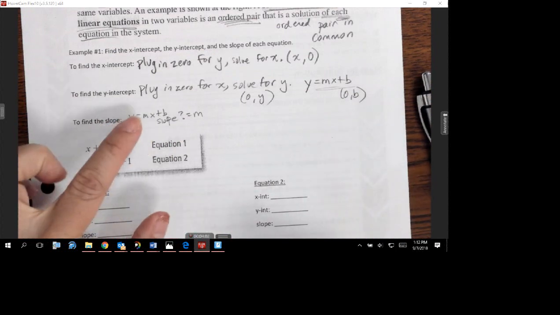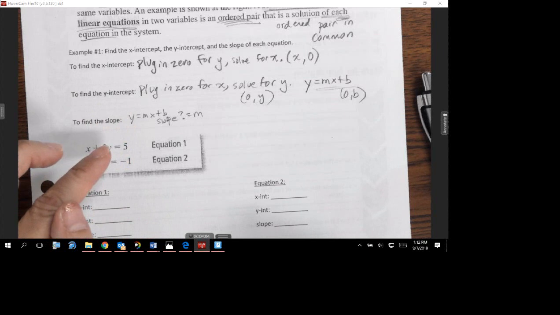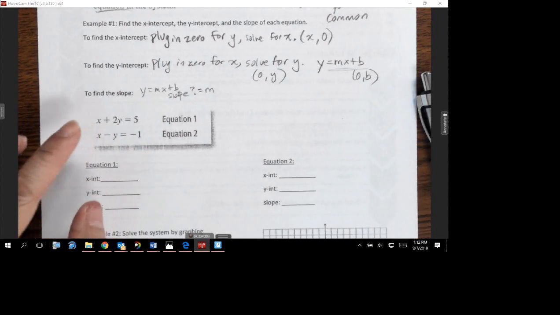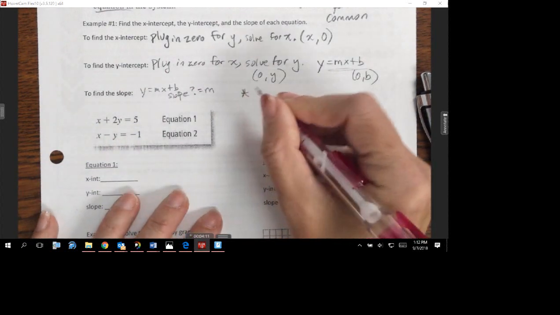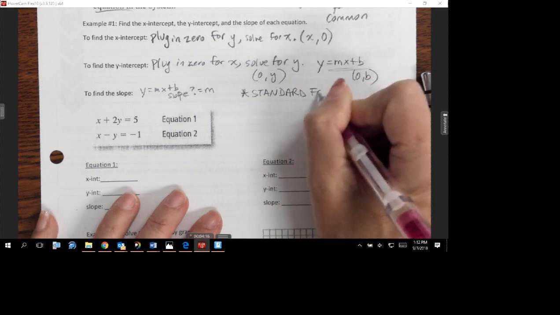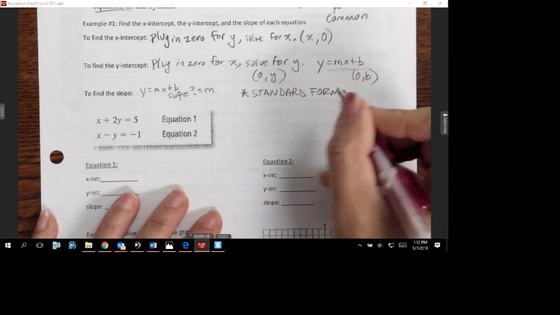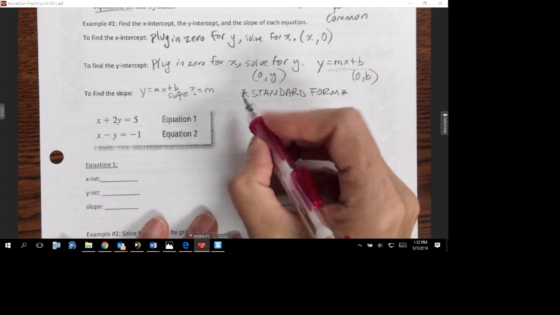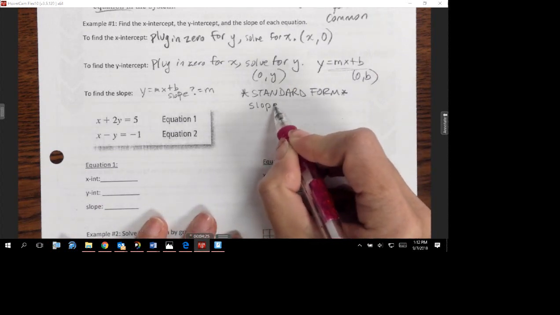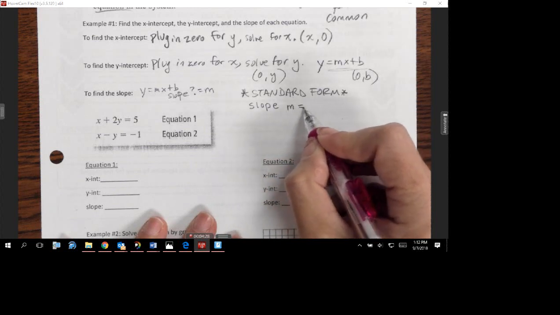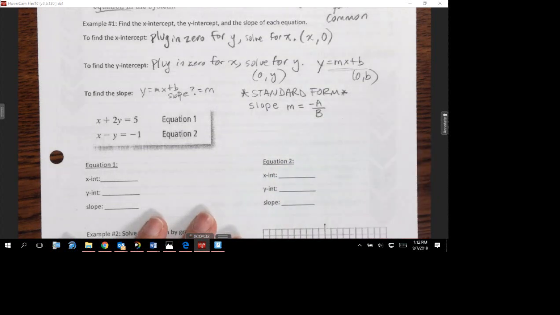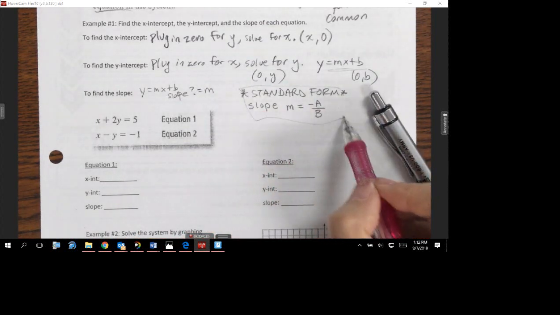You can always change it into this form, but I'm going to teach you a different way today, because a lot of our assignment is in what's called standard form. This trick only works for standard form for slope. You'll write it down and then I'll explain it, okay?